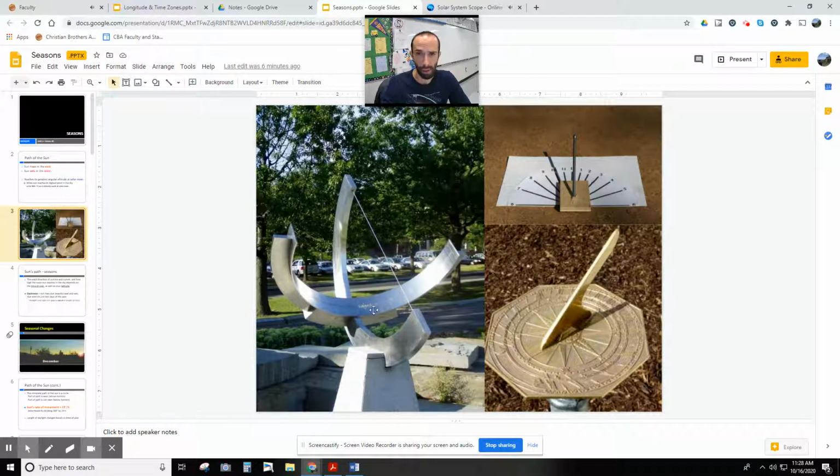It's pretty cool. It's just a cord stretched across there, and then you see a shadow cast onto this half of a ring, and you'll see what time it is. I used to pass by that all the time on my way to my teaching classes and my geology classes. Anyway, that's a cool thing that we can do, and maybe we'll do some activity with that.